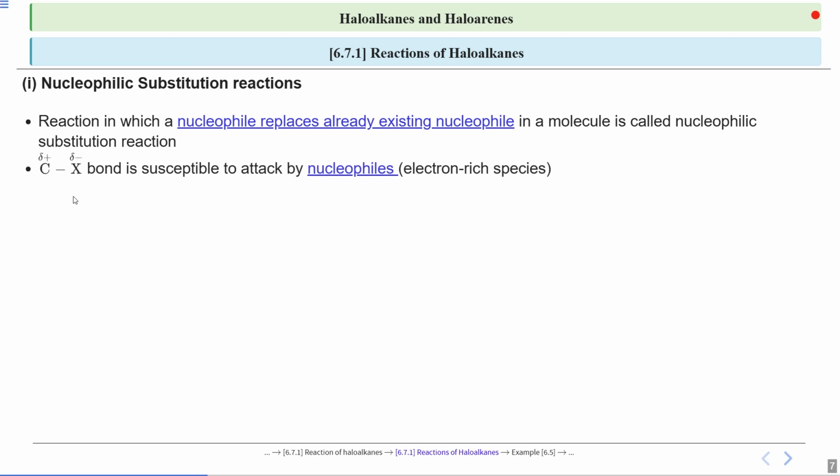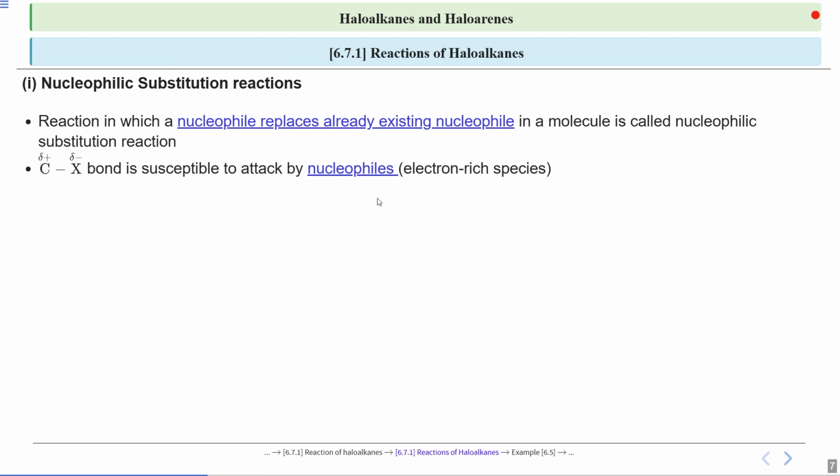Carbon halogen bond is having partial charges, that is, partial positive on the carbon and partial negative on the halogen due to the polarization of this carbon halogen bond. So carbon halogen bond is susceptible to attack by the nucleophiles that are actually electron rich species.